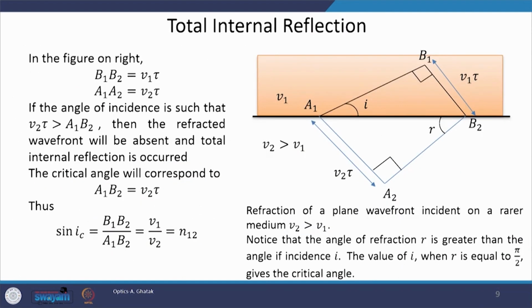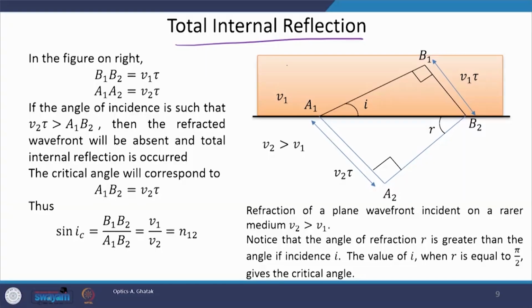What else is left? Total internal reflection. Now, let us try to understand total internal reflection using Huygens principle. We know that total internal reflection happens when light travels from a denser medium to a rarer medium.